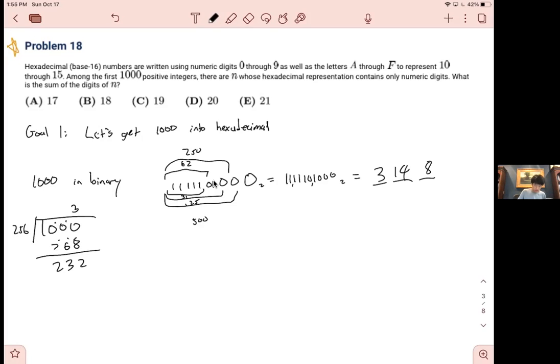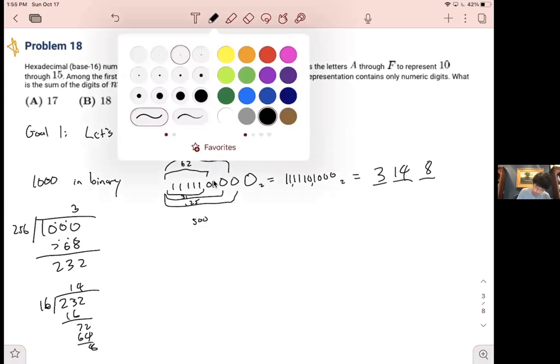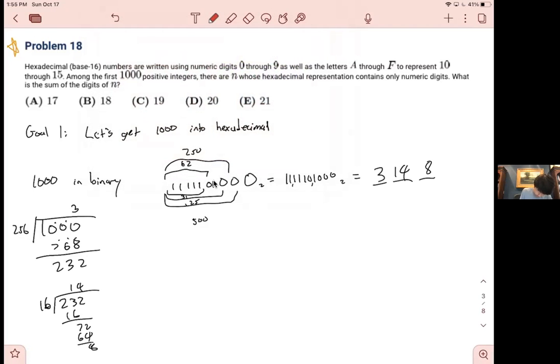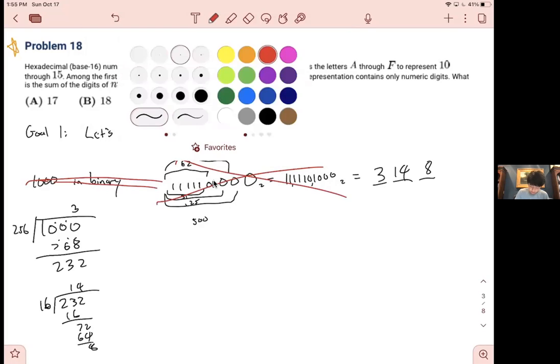So 232. And then how many factors of 16 go into 232? Moment of truth. Yeah, 4. Okay. Yeah, so it should be 14. I don't know what I did with the binary, but that was irrelevant anyways.